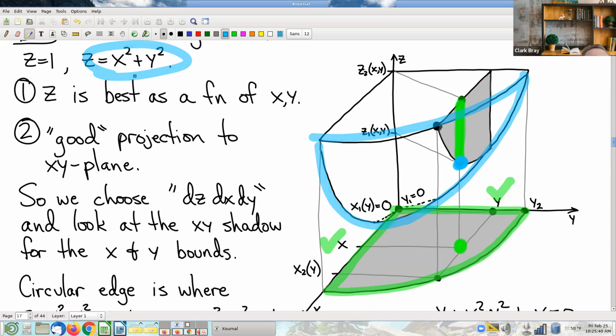There's a single surface that always tells me where my lower bound is. That's nice. It will not always be the case. Sometimes, depending on which way you're projecting, sometimes it's this surface, sometimes it's that surface, and that's bad. Okay. And then likewise, the upper bound for z is always going to come from that point, which is always on this surface. So again, I'm going to call it a good projection because the projection itself isn't horrible. The lower bound is consistently on one surface. The upper bound is consistently on another surface.